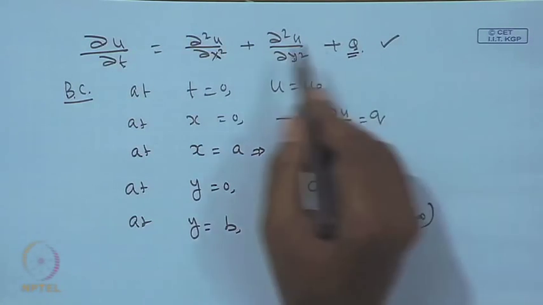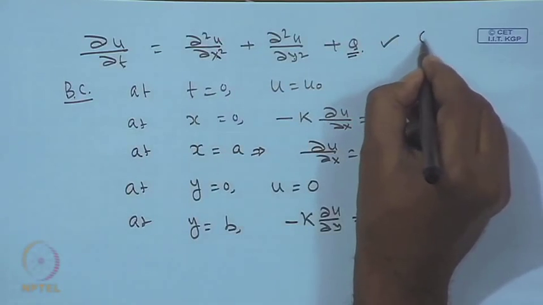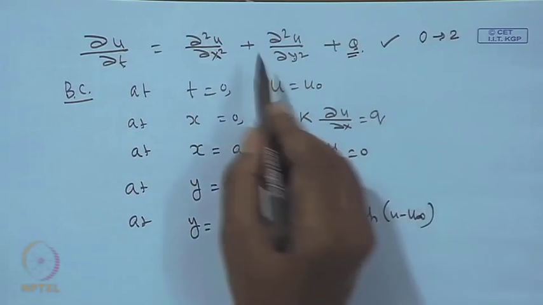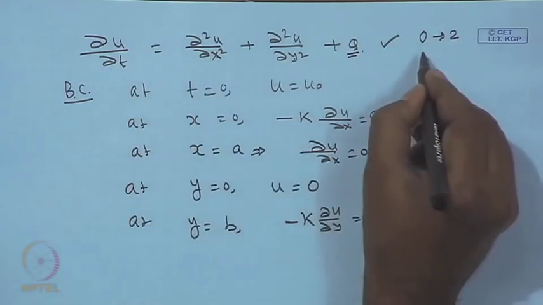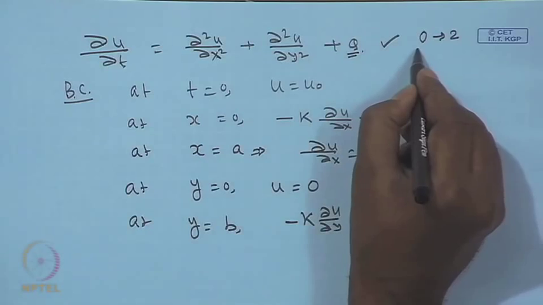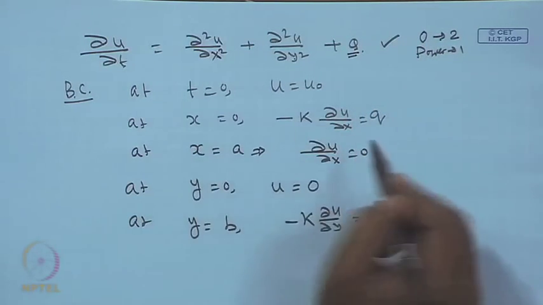So, this equation has order 2 because the highest derivative order is 2. This equation has power 1, so all the terms have power 1.